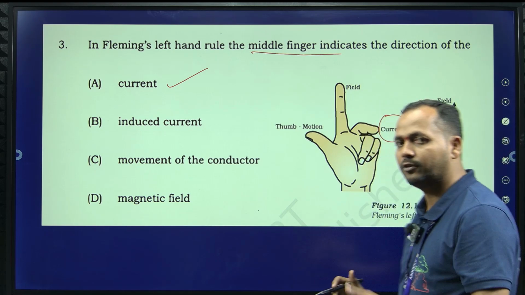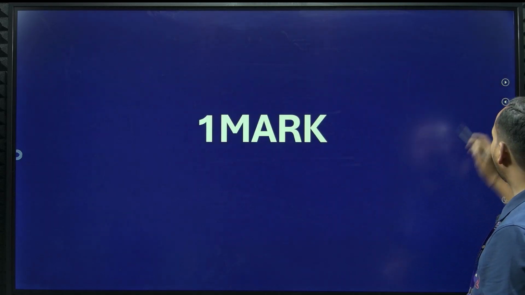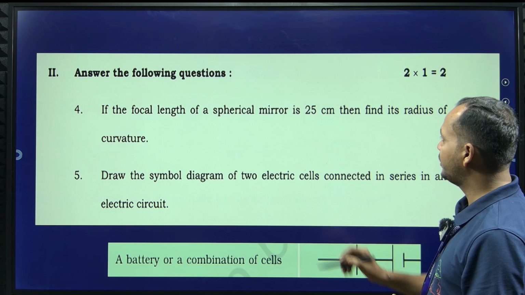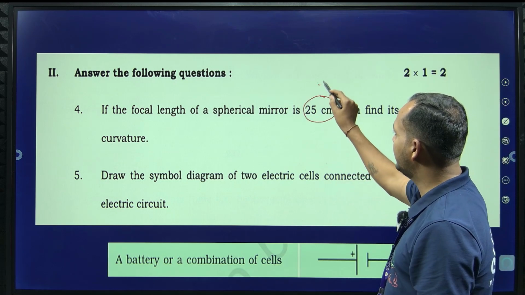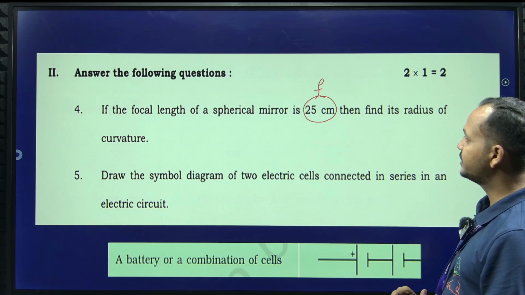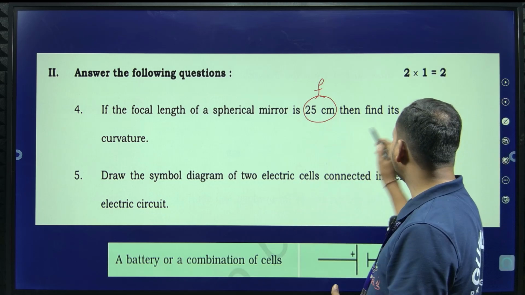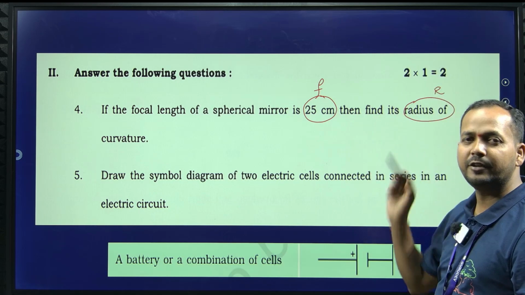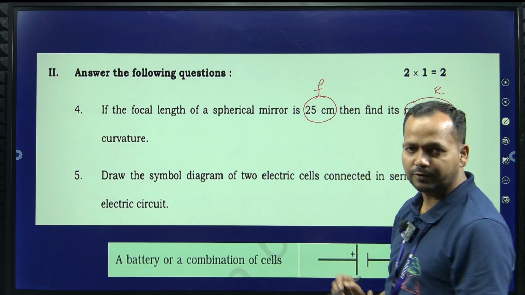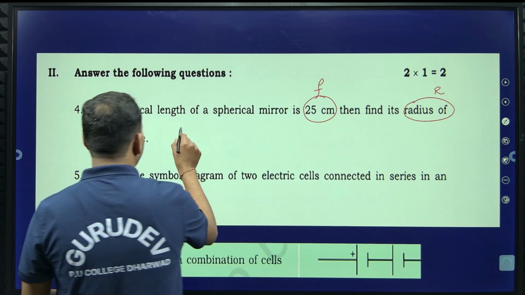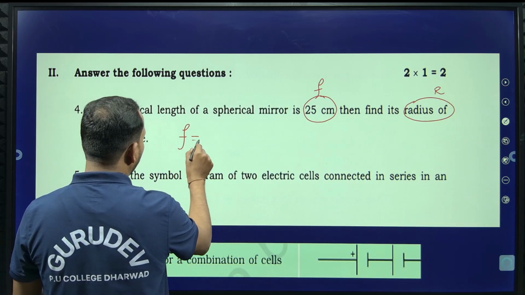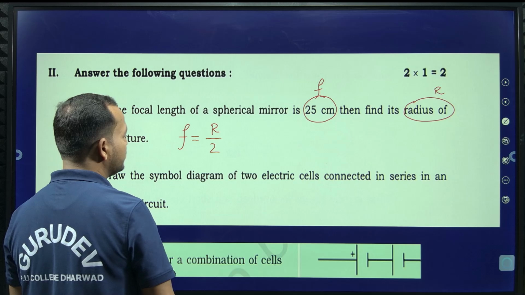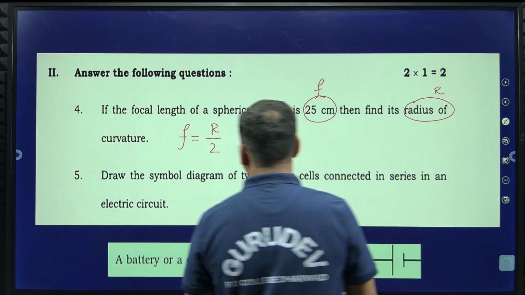Now we'll move towards the 1 mark questions. If the focal length of a spherical mirror is 25 centimeter, then find its radius of curvature, R. There is a relation between focal length and radius of curvature: focal length is equal to half of the radius of curvature, F is equal to R by 2, right?